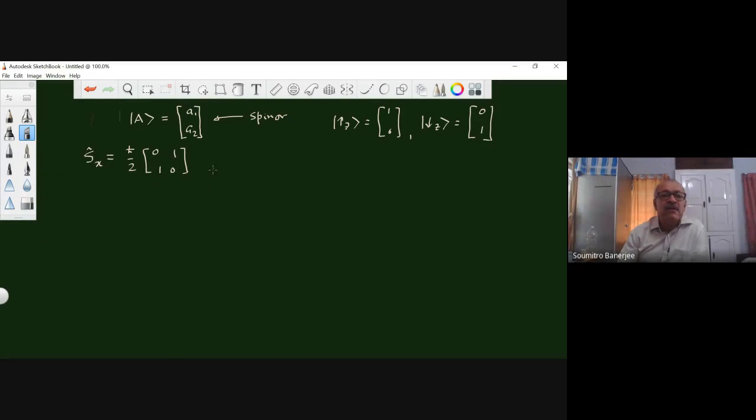The off diagonal terms are also real, so the complex conjugate does not matter. Sy is equal to h cross by 2, (0, minus i, i, 0), and Sz is, as I wrote earlier, h cross by 2, (1, 0, 0, minus 1). Well, now I will leave it to you to check that equations of this form are satisfied.